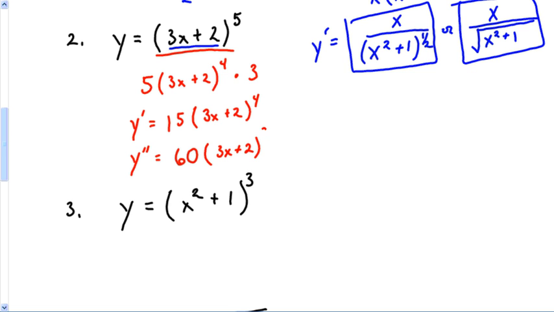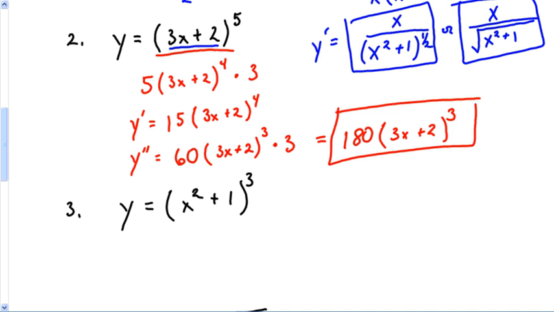So that's to the 3rd power. And then we times by the derivative of the inside, which is 3 again. So now that answer would be 180 times 3x plus 2 to the 3rd. So there's our second derivative.